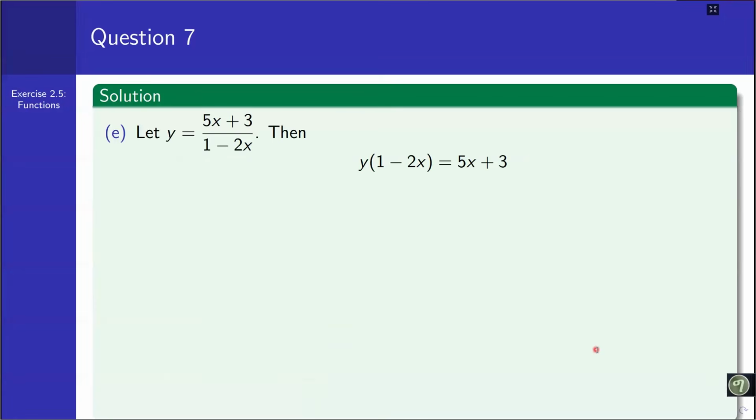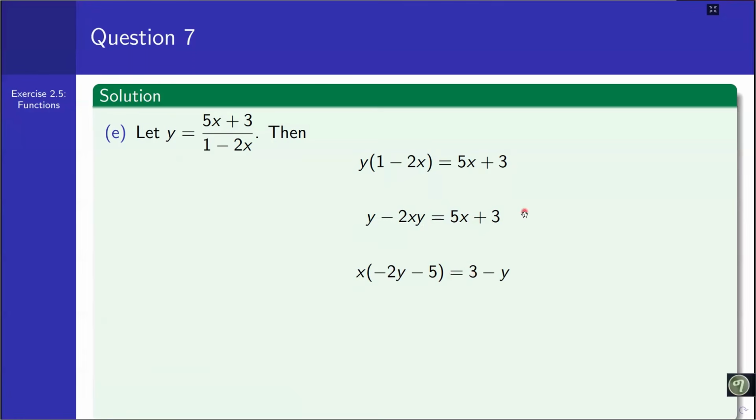Next, question number E. We have y is equal to 5x plus 3 over 1 minus 2x. In order to solve for x, y times 1 minus 2x is equal to 5x plus 3. Distributing, we have y minus 2xy is equal to 5x plus 3. Then let us bring this term to the left side so that we have x times (minus 2y minus 5), factoring out x as the common factor.